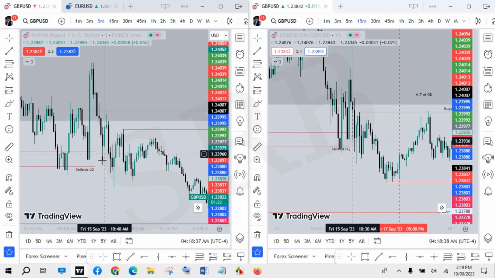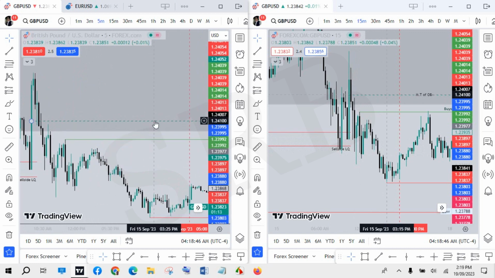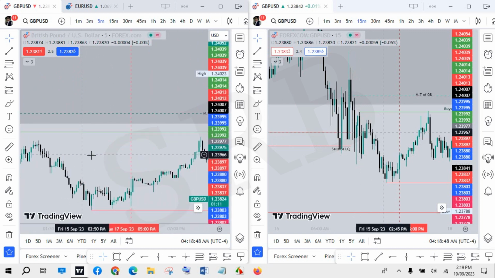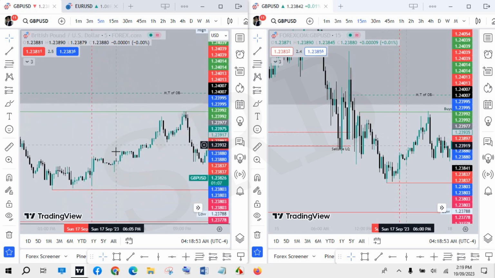Only 3 pips, but that's enough to change the motion. And that is the validation of the bearish order block.